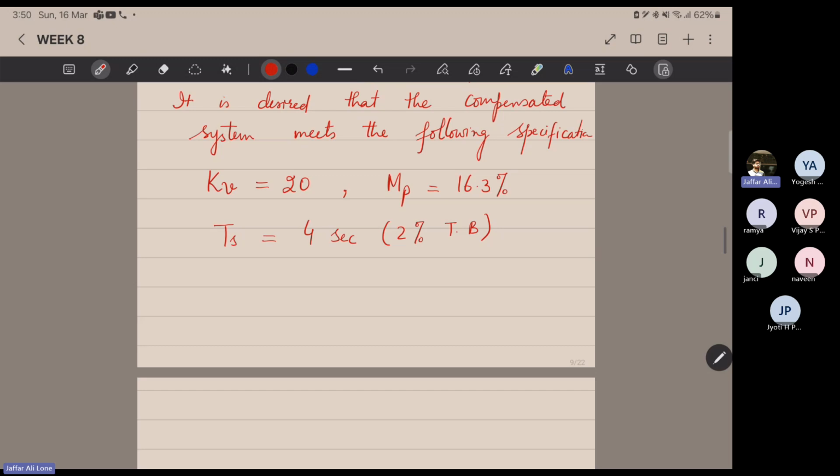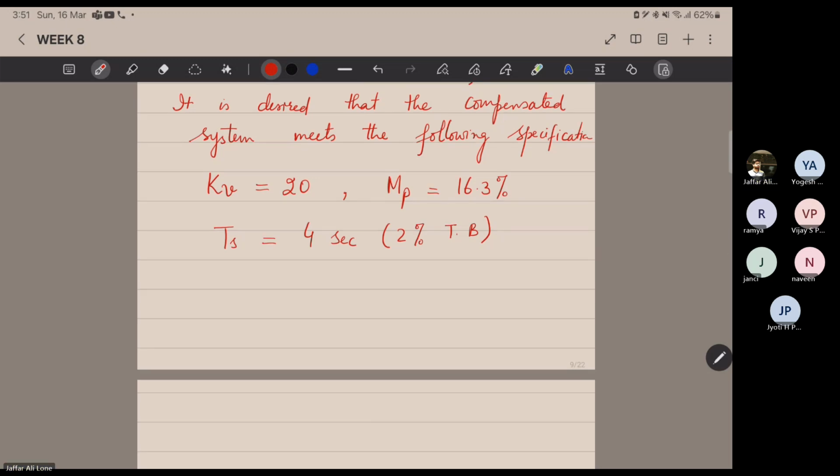Now, question number 1 is: find the dominant poles for the same.